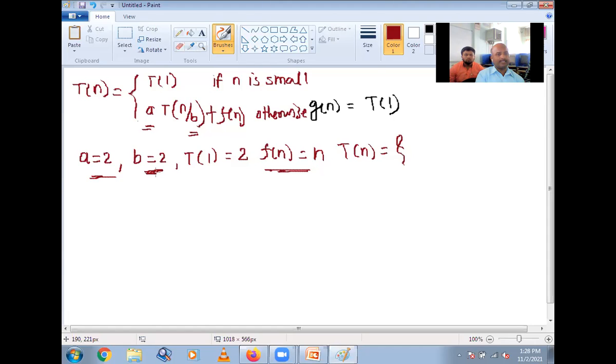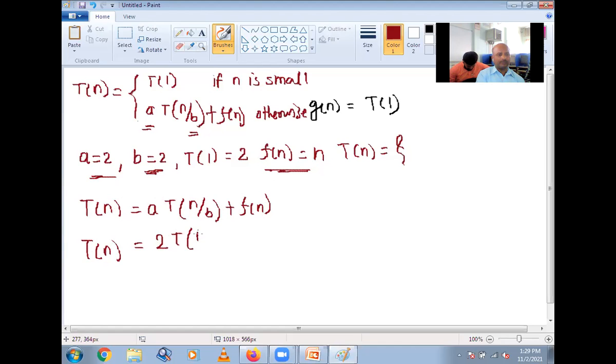First, we consider n is large. So we get the equation T of n is equal to a into T of n by b plus f of n. We put the given values of a, b, and f of n in this equation. We get T of n is equal to 2 into T of n by 2 plus n. Suppose this is equation 1.